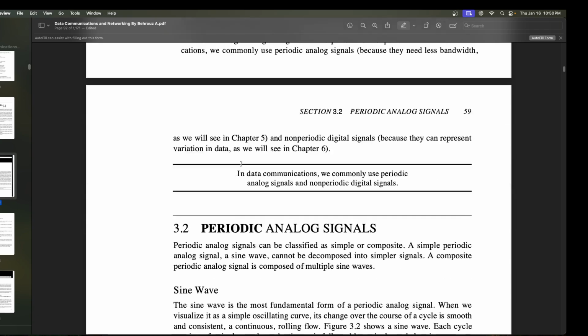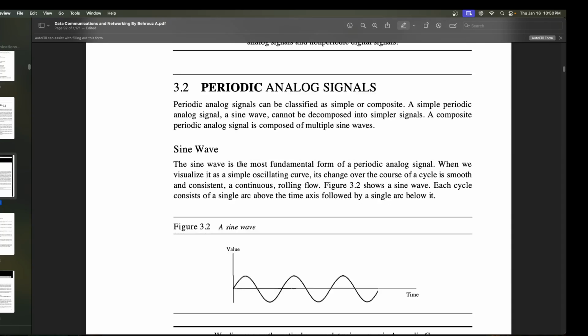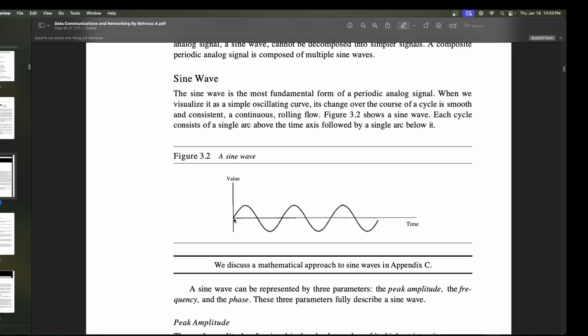For example, the periodic analog signal: you see that it is going to repeat again and again. So we say that this sine wave is a periodic signal.